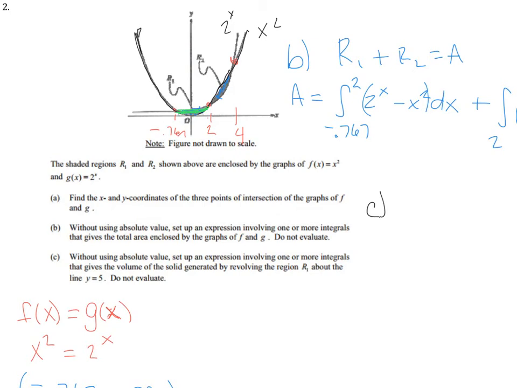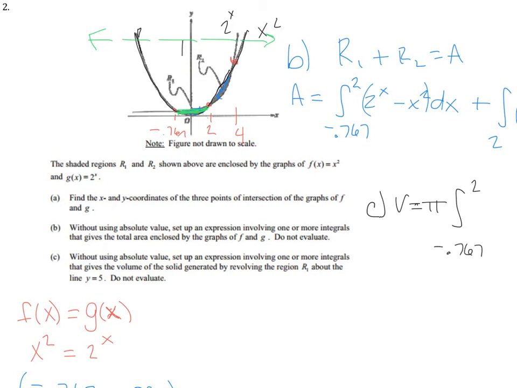I want to revolve that region around y equals 5, so the line's going to be up here. It is a horizontal rotation, so I'm going to be applying the washer method. So V equals pi times the integral from negative 0.767 to 2.